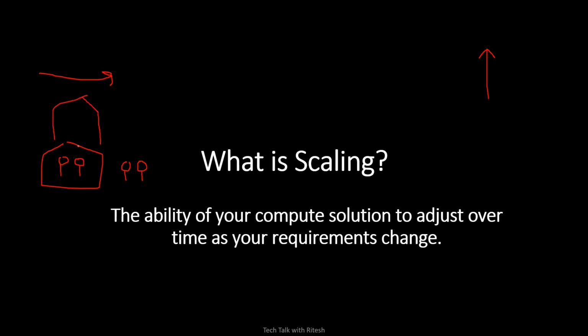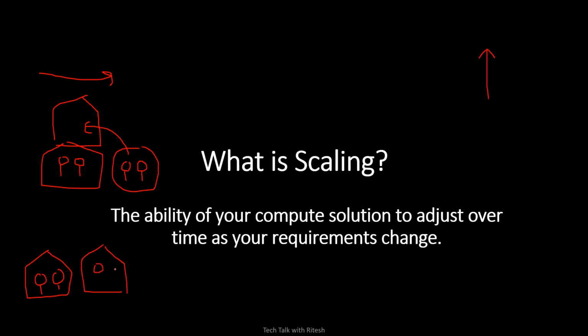Either they will add one more floor here, so that they will tell these people, okay, we will live here and you can live there. Or, they have just this house where the parents are living, and they will build one more house next to their house, and the newly married couple will stay there.